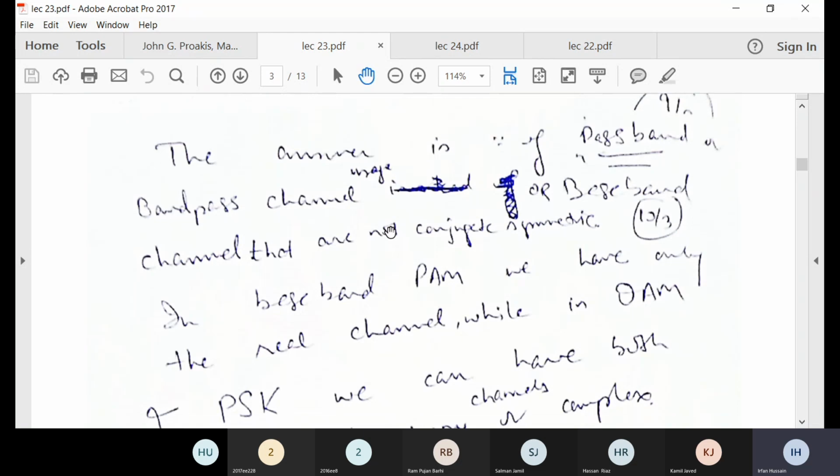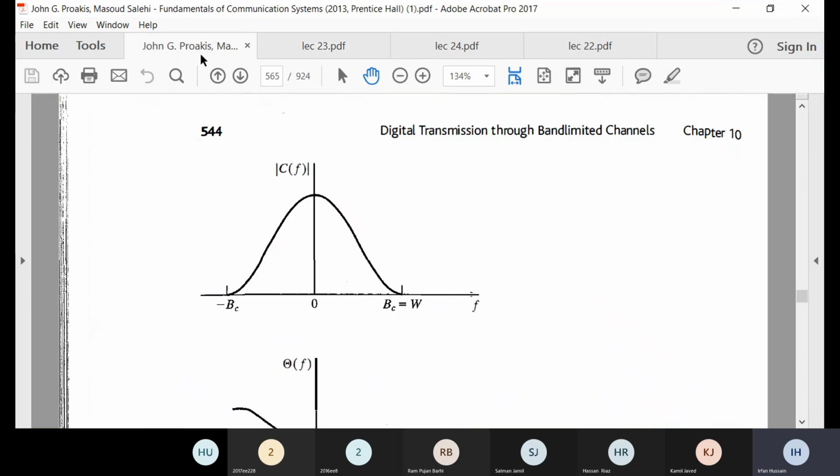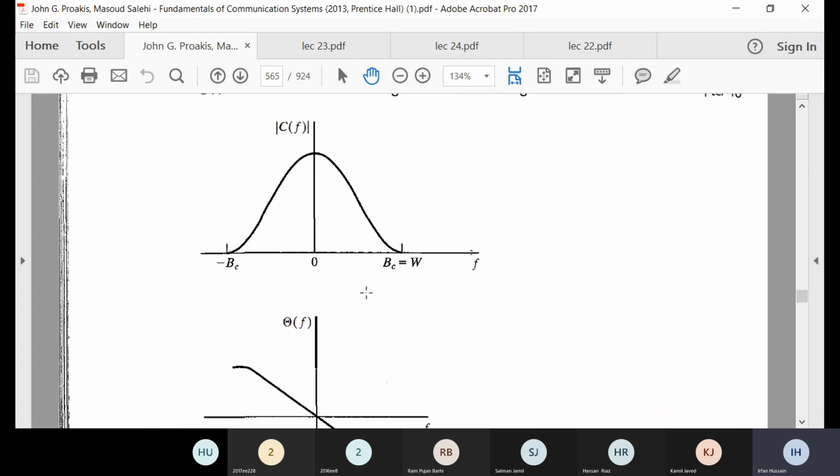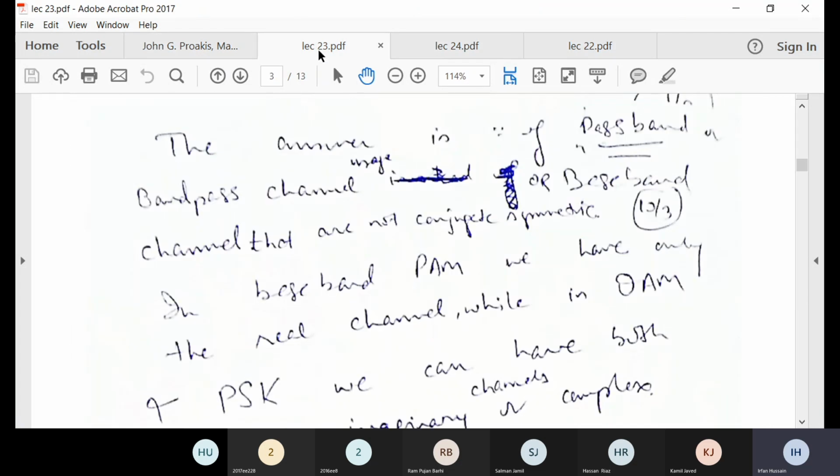But many times the channel is not conjugate symmetric. For example, in the same figure, this amplitude was something different from this amplitude, or in other words, the phase was not the same but in opposite sign. It was some different value compared to this. In that case, it will not be conjugate symmetric. So for those cases, the channel coefficients are not real.